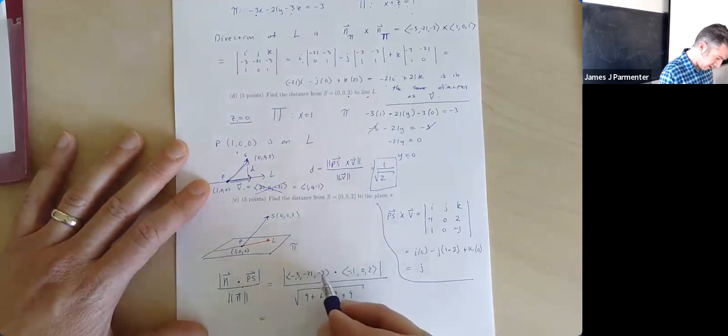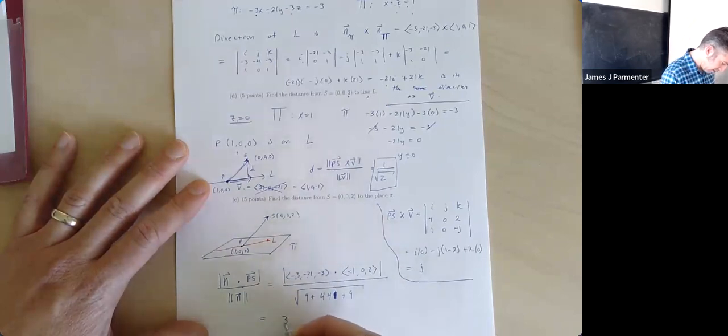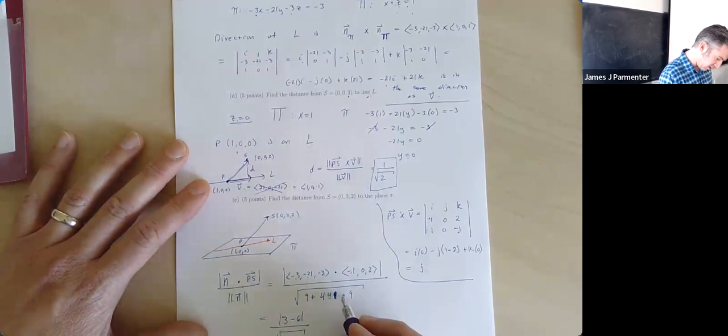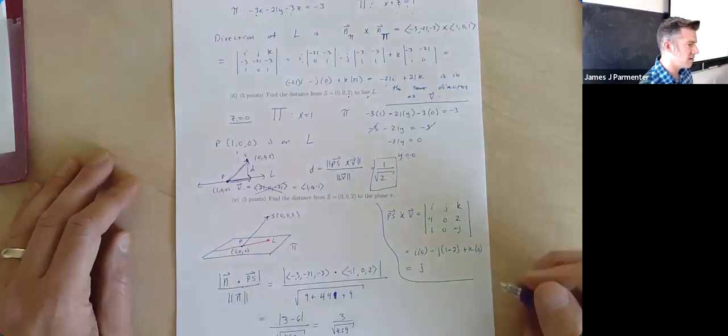And then -3 times 2, which is -6. So we get 3 minus 6 in absolute value over the square root of, this looks way different, 459. So that's going to be 3 over the square root of 459, which seems very different.